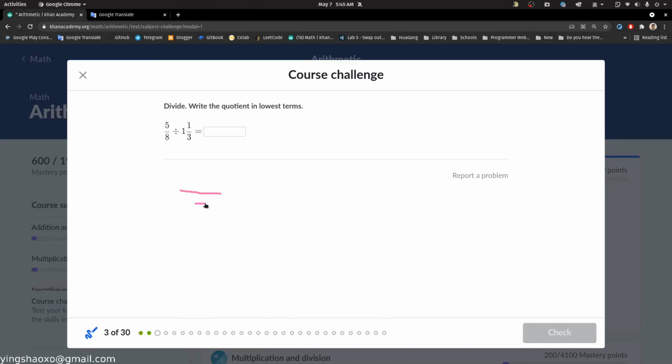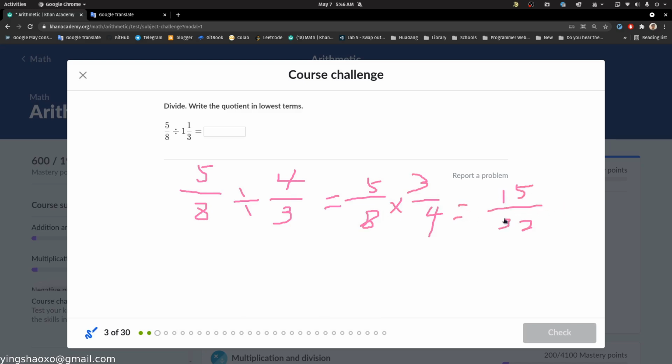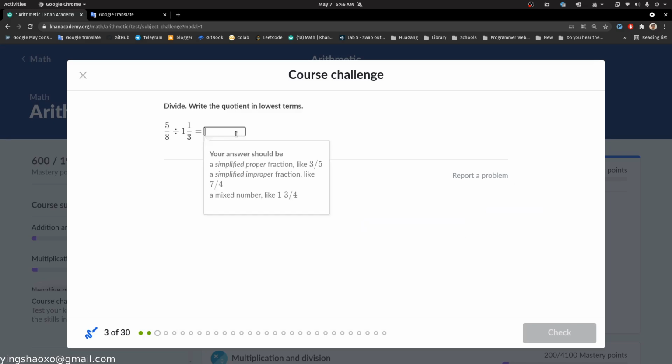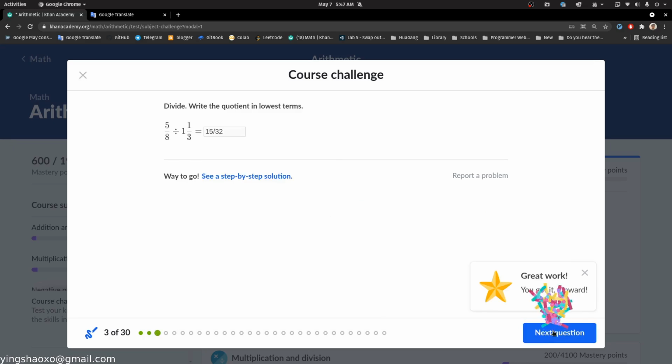For example, now we've got this divided by 4 over 3. That will be equal to this times 3 over 4. That will be equal to 15 over 32. Let's do a check. Yeah, we got it right. Let's go to the last.